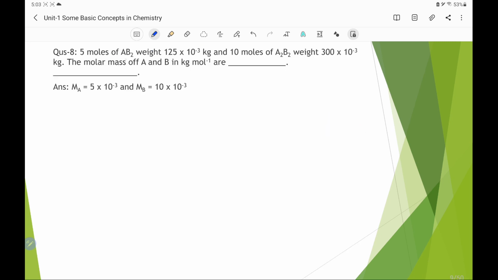Next question is, 5 moles of AB2 weighs 125 into 10 to the power minus 3 kilogram, and 10 moles of A2B2 weighs 300 into 10 to the power minus 3 kilogram. Find the molar mass of A and B in kilogram per mole each.